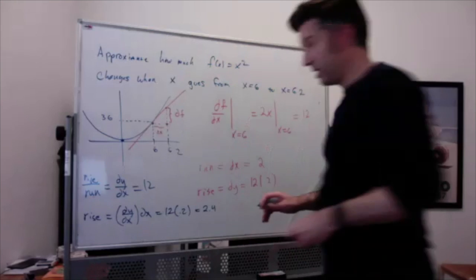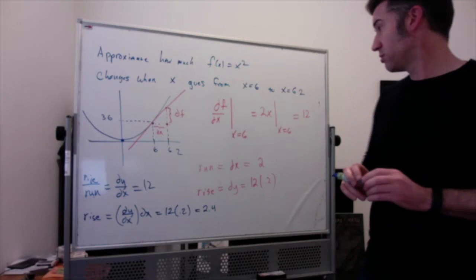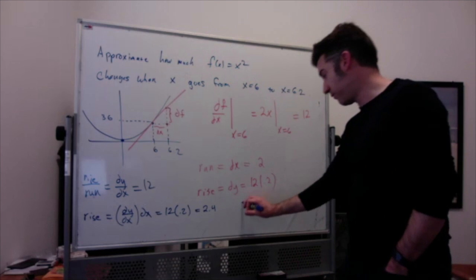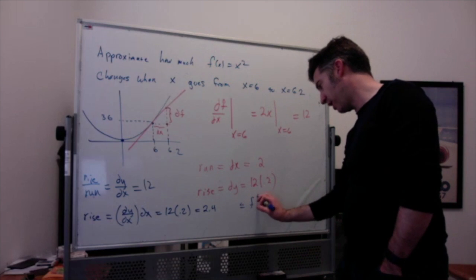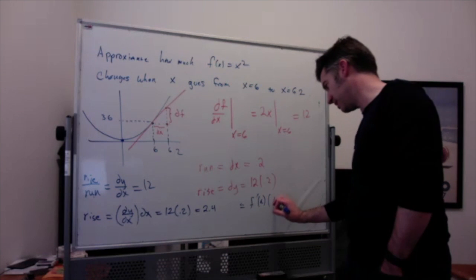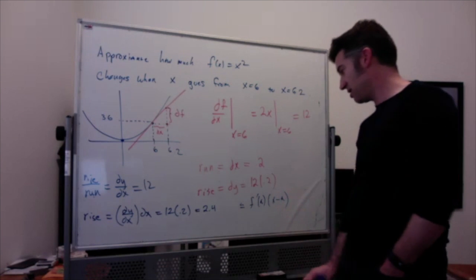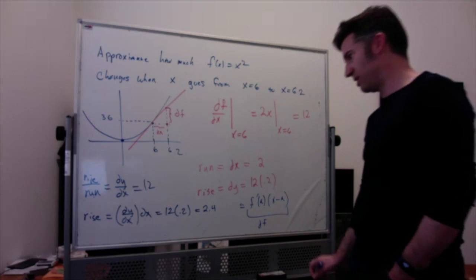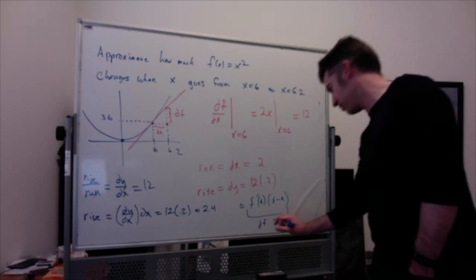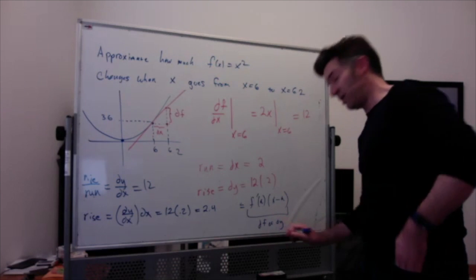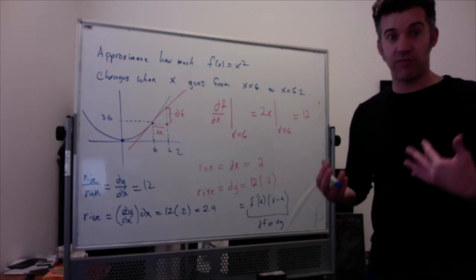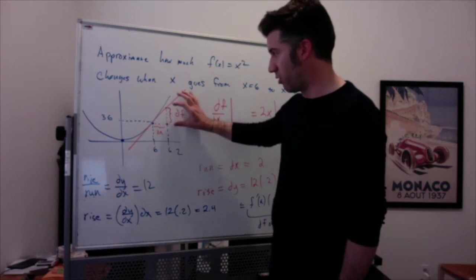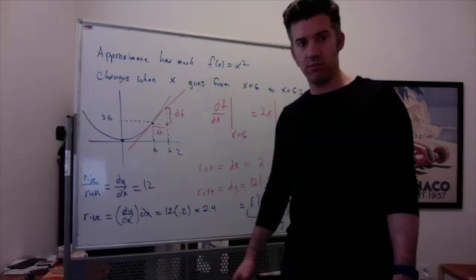So in this particular situation, the 12 times 0.2, or if you prefer, the f prime of a times x minus a, that's my df or my dy, either name is fine. And that's my differential that's approximating the change in y. If I go over 0.2 here, I'm going to go up about 2.4.